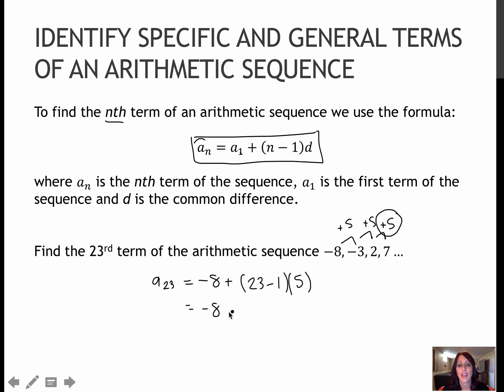So this is negative 8, and this is 22 times 5. And this is negative 8, and then 22 times 5 is 110, and that gives me 102. So again, my answer is 102, which I could have found if I really wanted to write out all of the terms, I could, but instead, this is the easier way to go about it.